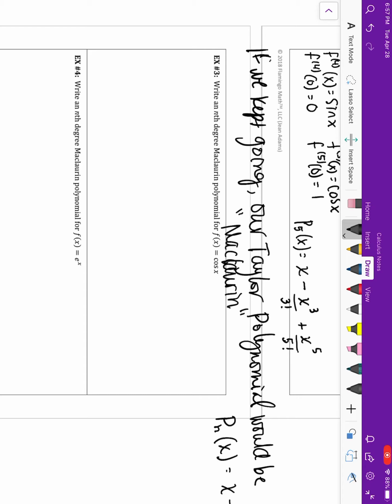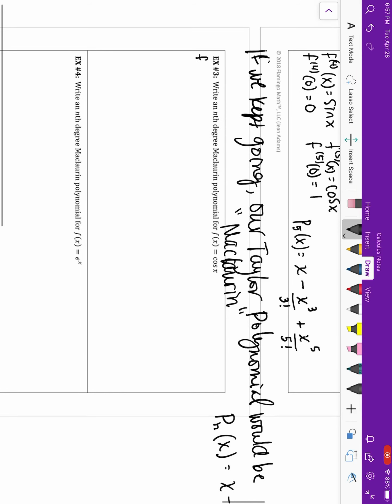So example number 3. Write an nth degree Maclaurin polynomial for f of x equals cosine x. So you can see how we go about doing this. We start with f of x equals cosine x, and then we start with f of 0. Then we take f prime of x, and that is negative sine x, and we find f prime at 0.